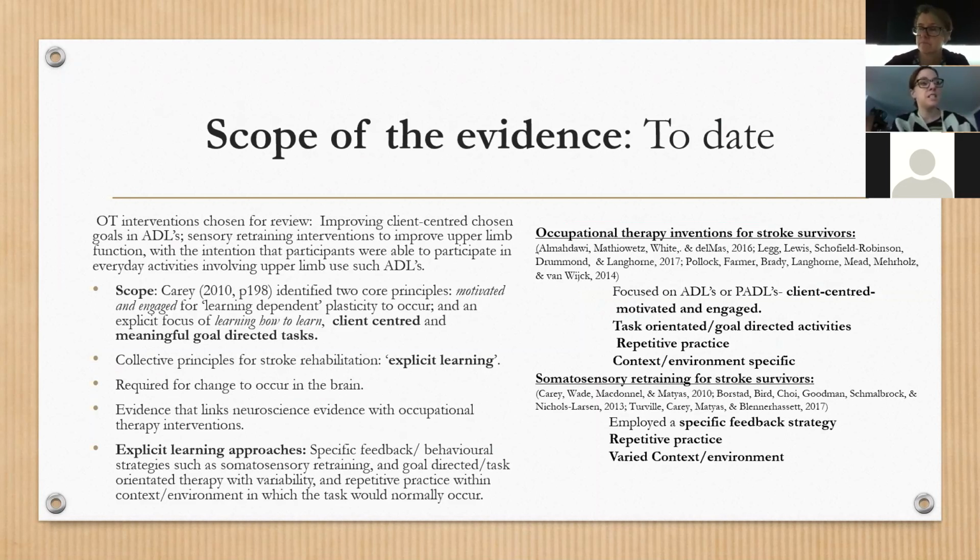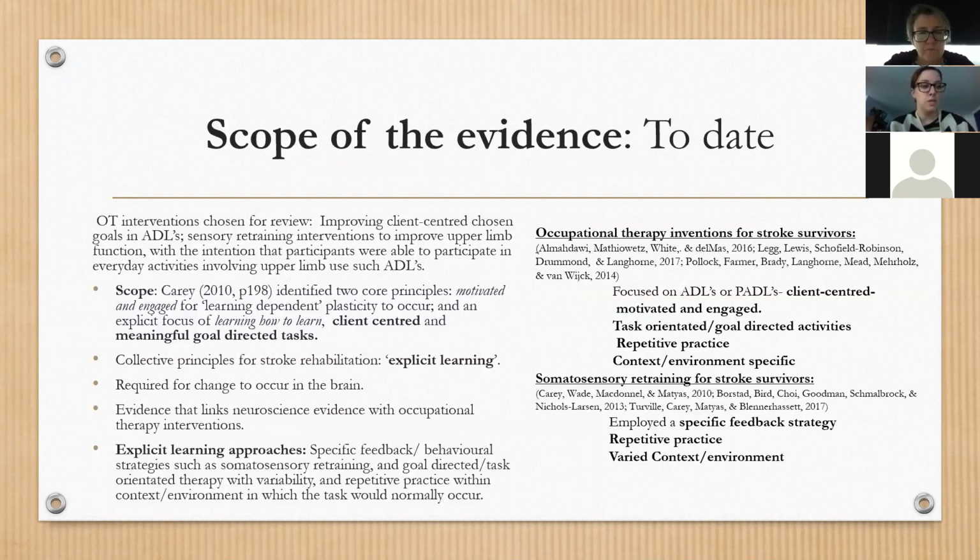Kerry in 2010 identified 2 core principles of neuroscience and learning. Participants in therapy need to be motivated and engaged for learning dependent plasticity to occur, and an explicit focus on learning how to learn, and upheld the notion that the use of client-centred and meaningful goal-directed tasks encourages the prospect of therapy tapping into familiar brain networks that are critical to said task.